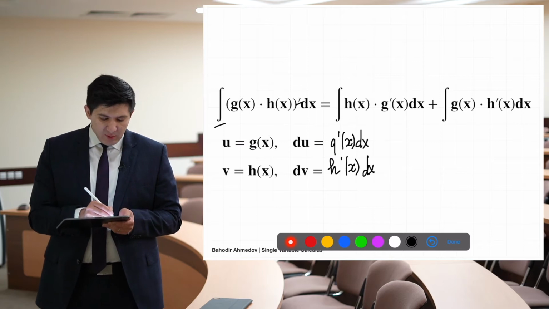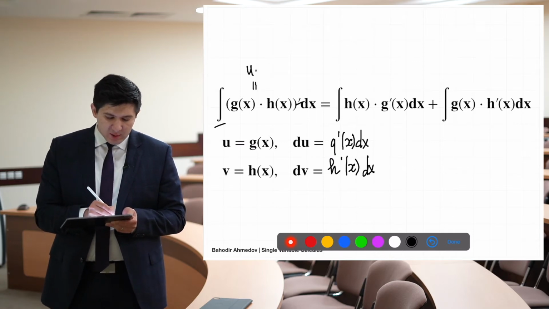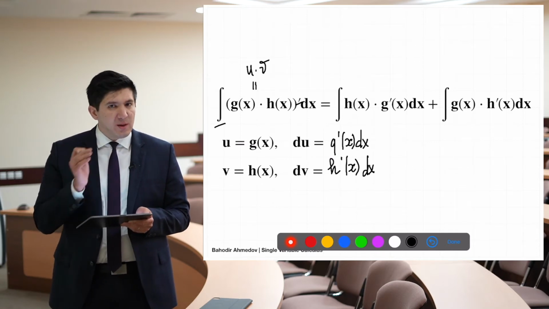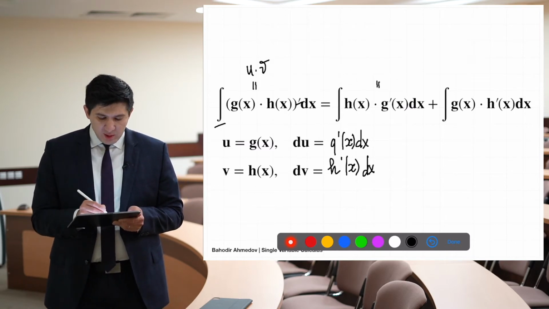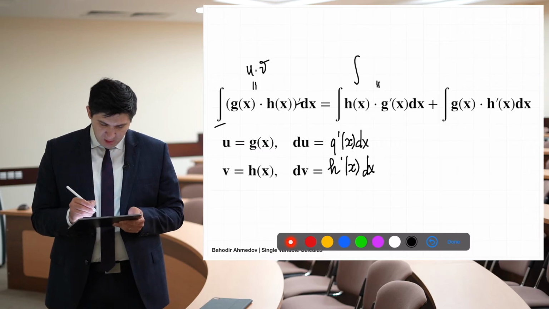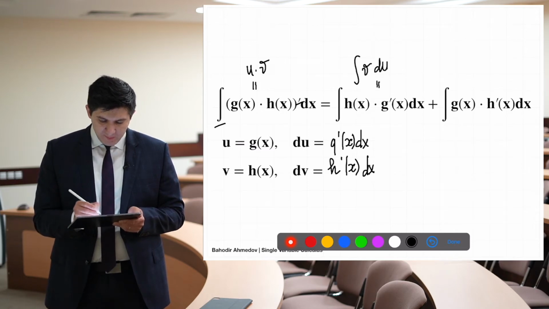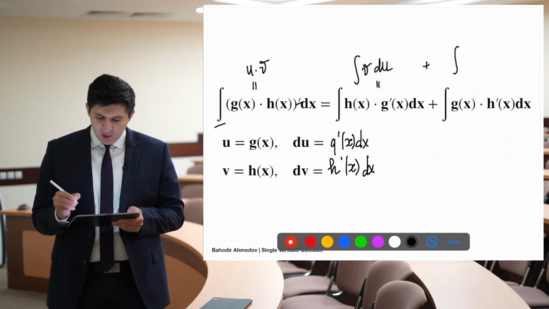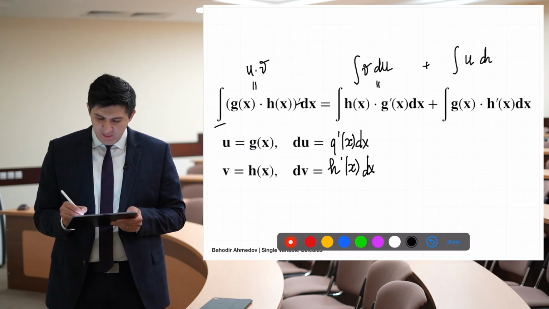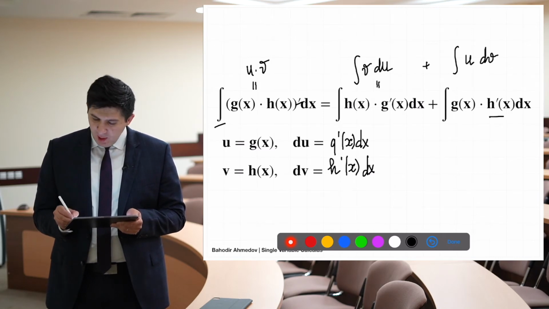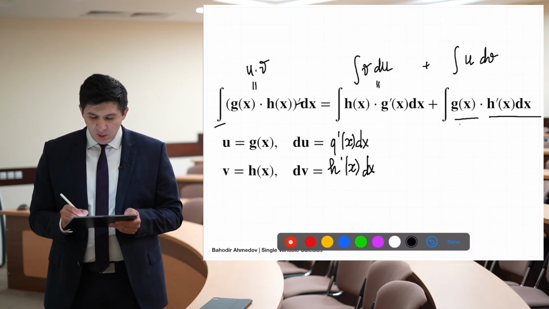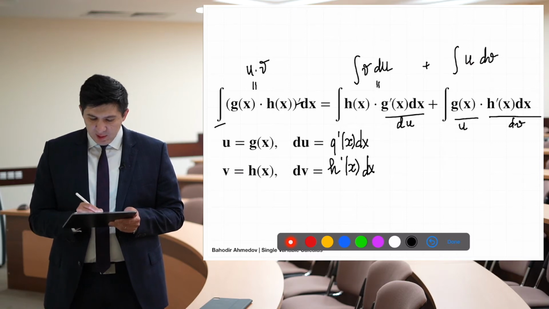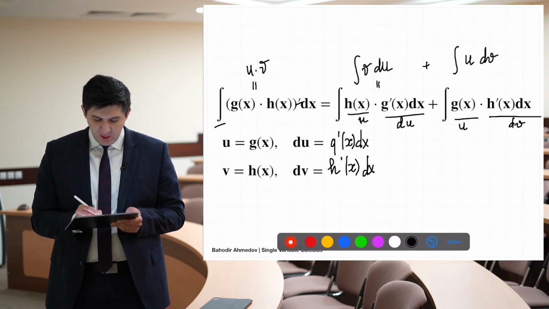Now you see that you've got simply u times v, because the derivative is going to cancel with the integration. Here you've got the integration of v du, plus here you've got the integration of u dv, because h prime of x times dx is dv, and g of x is u. So this is u, this is dv, this is du, this is v.